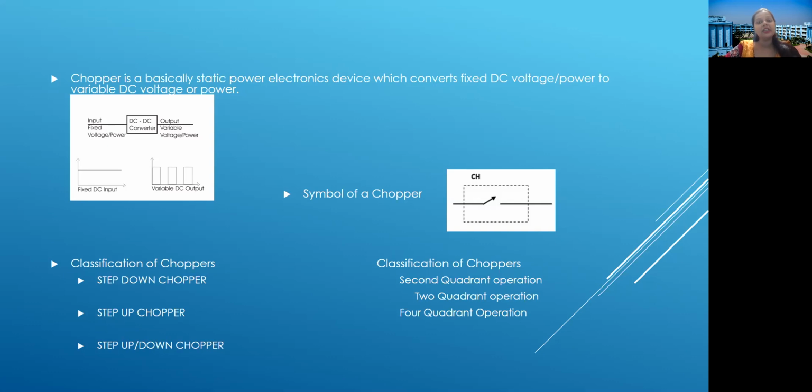The application of machines, we can get the application of machines using power electronic devices, and one among those applications is four quadrant operation. When I go through this particular part, I'll explain. So be patient and just go through the coming slides.